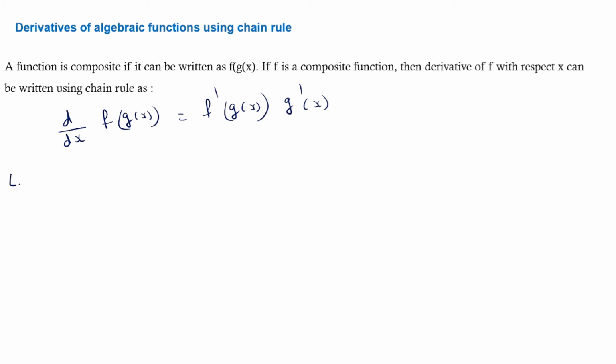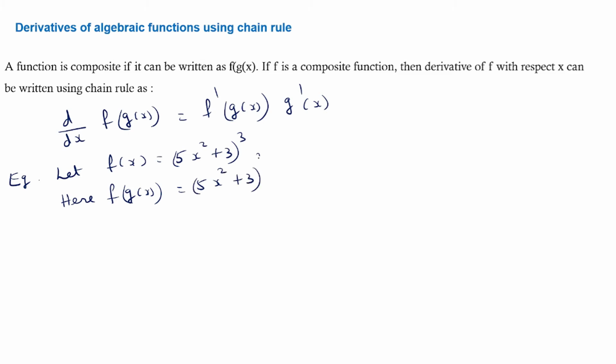Say for example, let f of x be equal to 5x square plus 3, the whole cube. So here if we take f of g of x equal to 5x square plus 3 the whole cube, then f of g is g of x the whole cube, and g of x is 5x square plus 3.